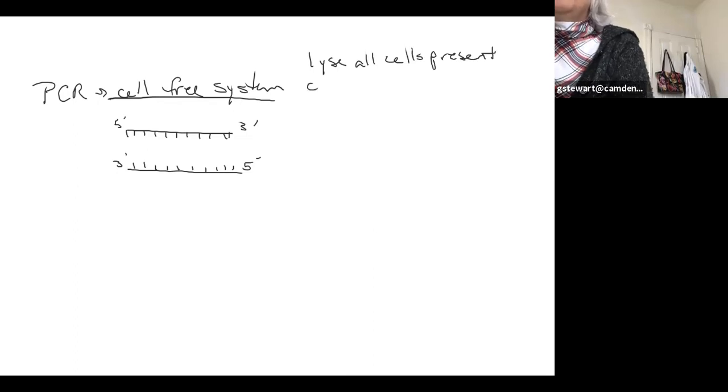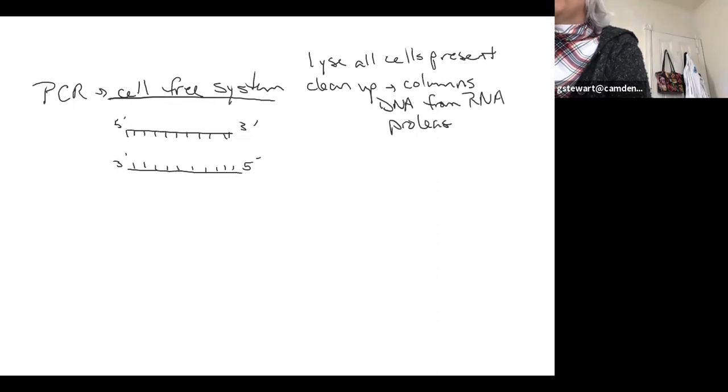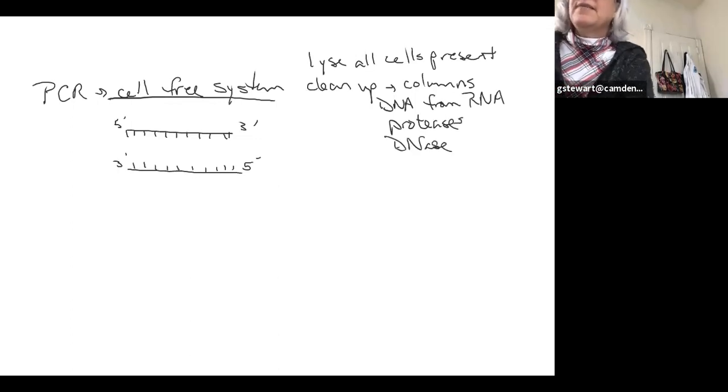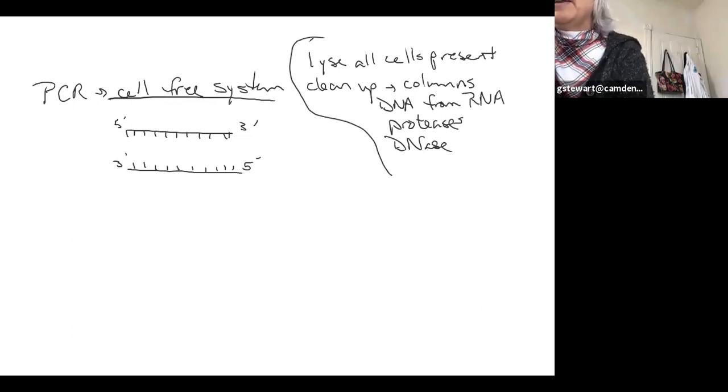Right? So you clean them up by putting them over columns that will separate out DNA from RNA and proteins. Sometimes you treat it with proteases to get rid of proteins and DNase to get rid of any pieces of DNA before, in this case, we would be amplifying.